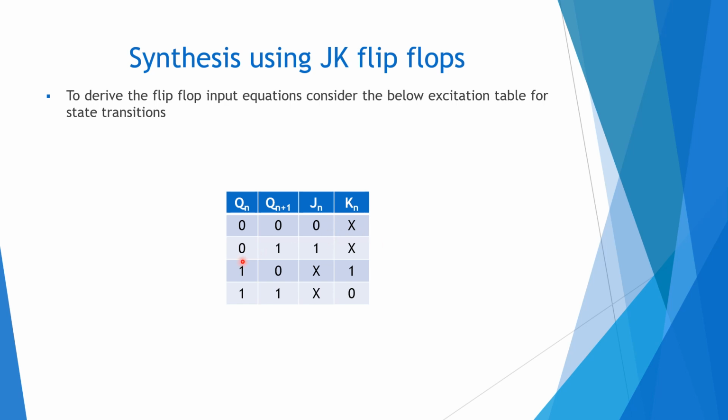For state transition 0 to 1, it can be 1, 1 or 1, 0; it can be the set state or the complementing state. Next, from 1 to 0, it can be 1, 1 or 0, 1. And finally, for present state 1 to next state 1, it can be 0, 0 or 1, 0, so it becomes x0. So that is the logic here.